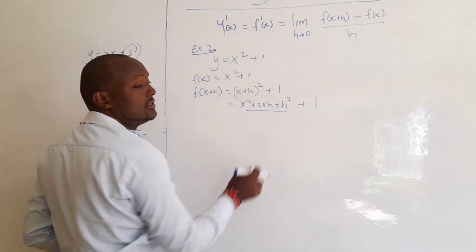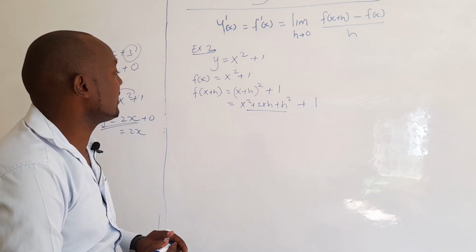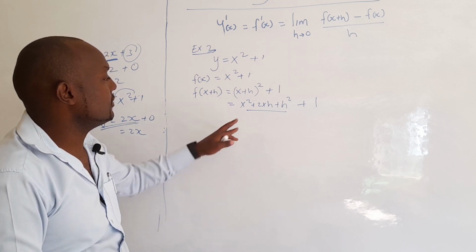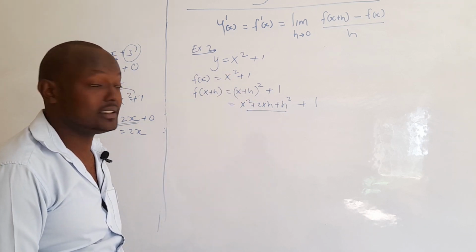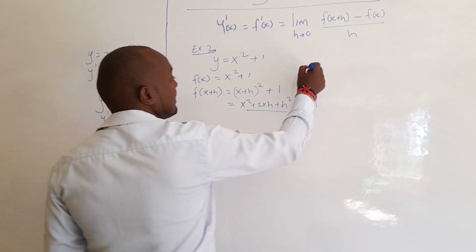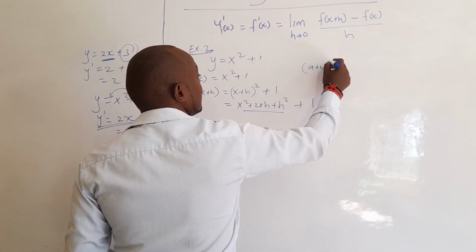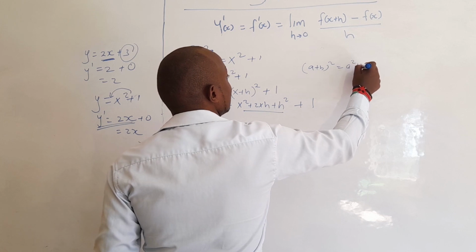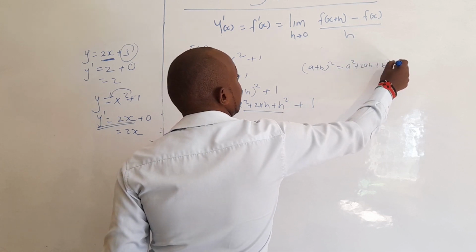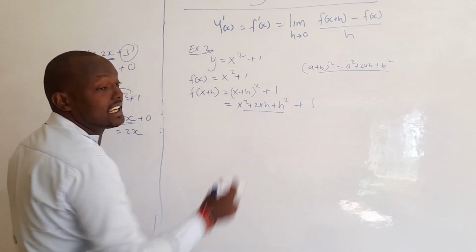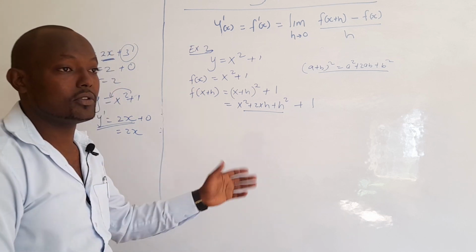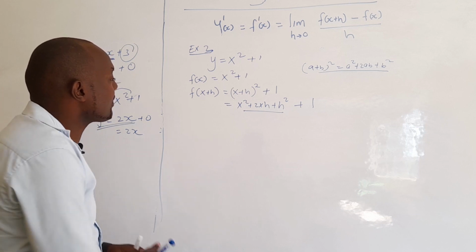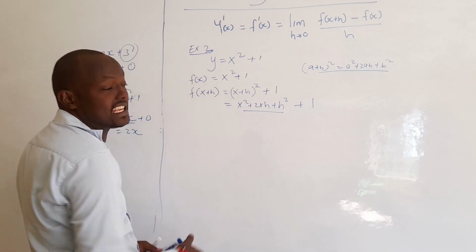I know you know how to open a plus b squared. It will be a squared plus 2ab plus b squared. I know that one is simple from here. With that guidance, you know why we are getting all that. Or you can use the normal binomial expansion. So with this one now, this is our function of x plus h.